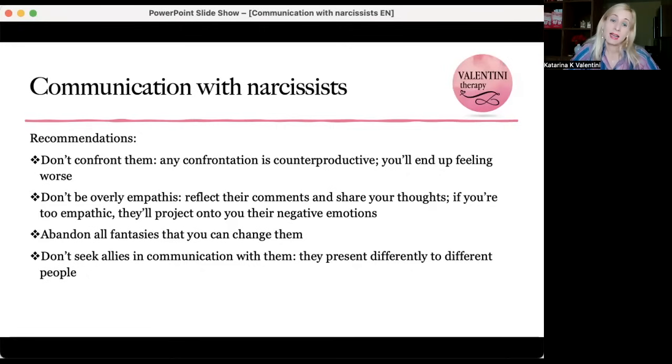And don't seek allies in communication with your narcissist, because narcissists wear different masks for different people. They present differently to different people.